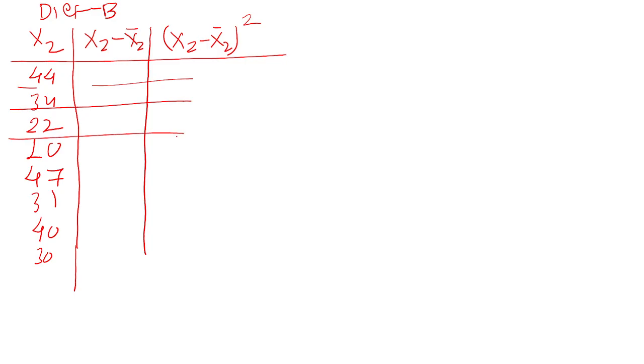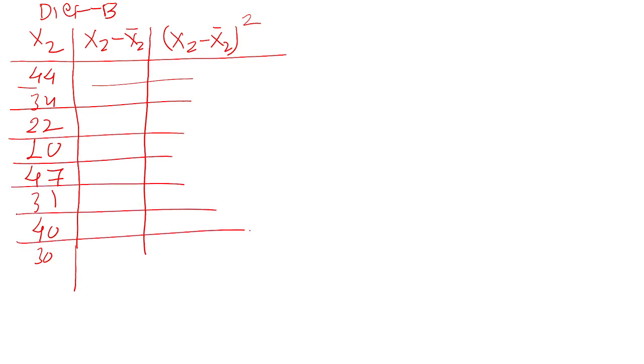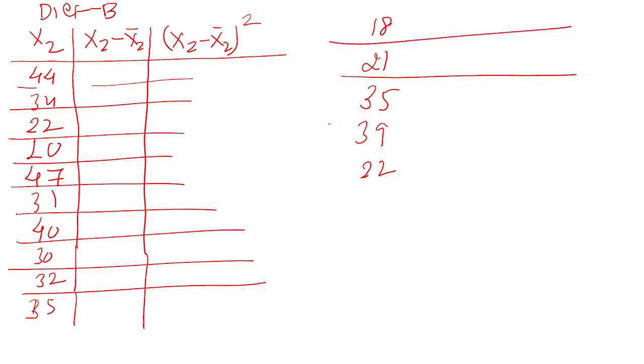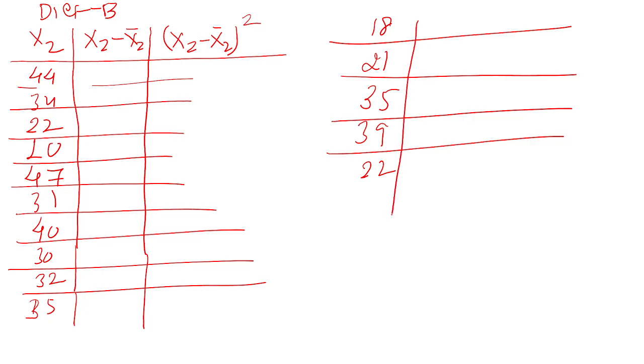We have a total of 15 samples. Then 40, 30, 32, 15 is there. Then 30, 32, 35. Then 18, 21, 35, 39, 22. So just tell me, what is x2 bar, how much did it come?